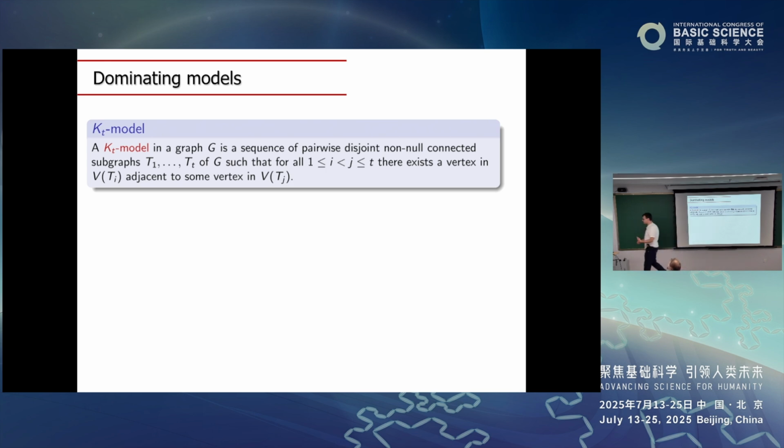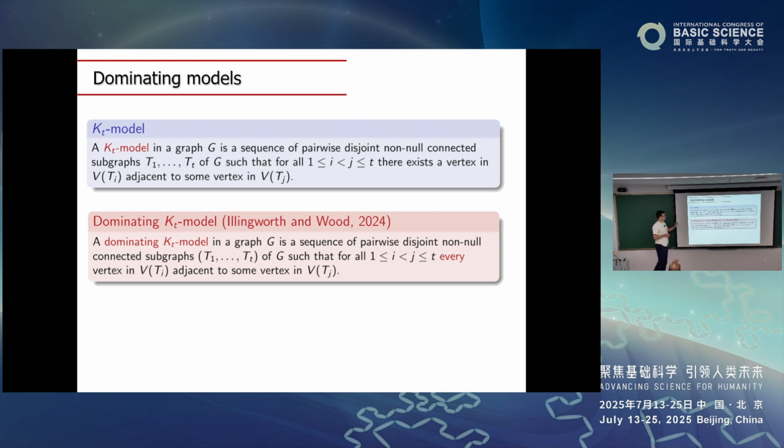Maybe this is a bit big, but if you think about Hadwiger's conjecture in this direction, it feels like the following stronger thing might be true. So here is a stronger notion of model. We will search for pairwise disjoint, not necessarily connected subgraphs, so everything is the same, such that for every pair of these subgraphs, every vertex in the later subgraph has a neighbor in the previous subgraph.